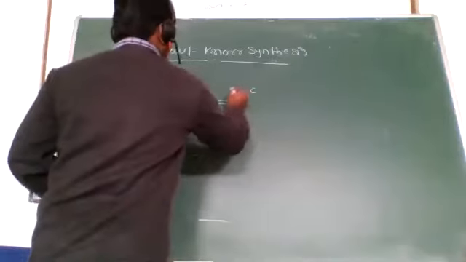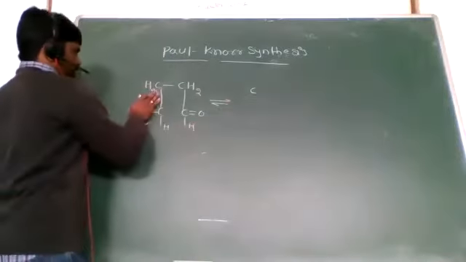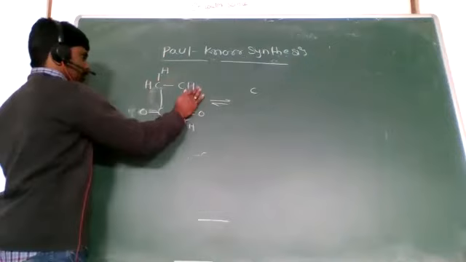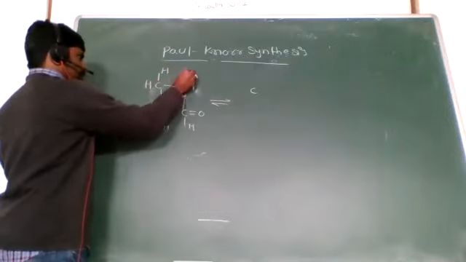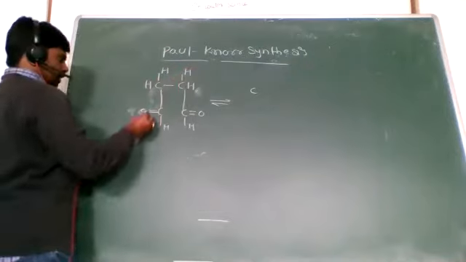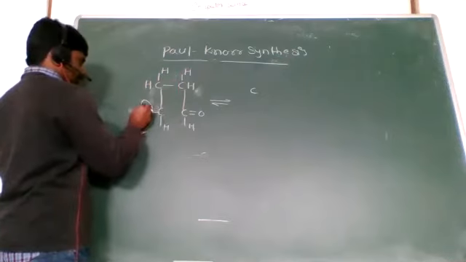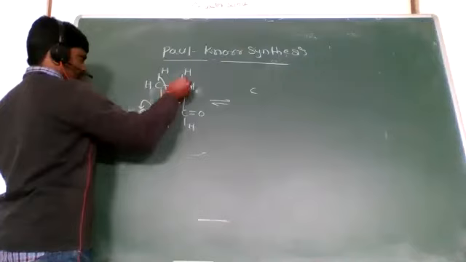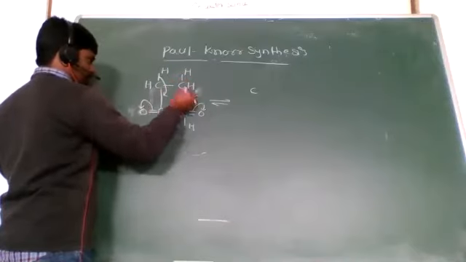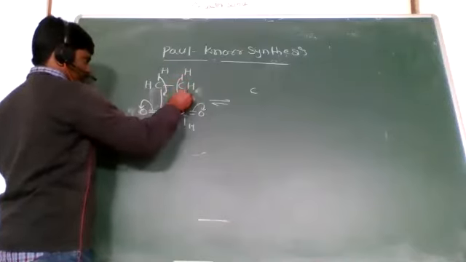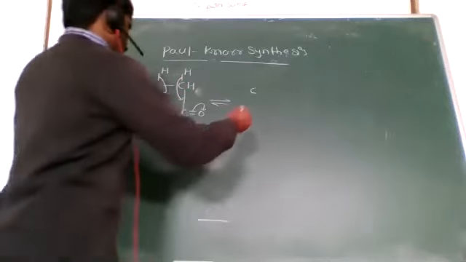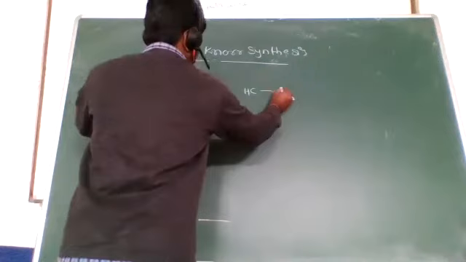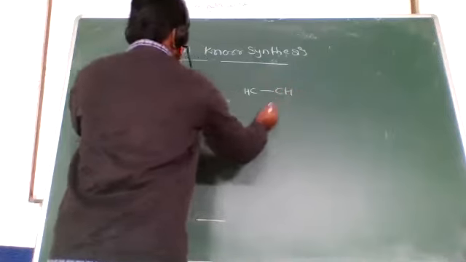I'm writing the one hydrogen separately here, and here is also one hydrogen I'm writing separately. When these electrons shift to the oxygen side, and these electrons shift inside, there is formation of CH single bond CH.